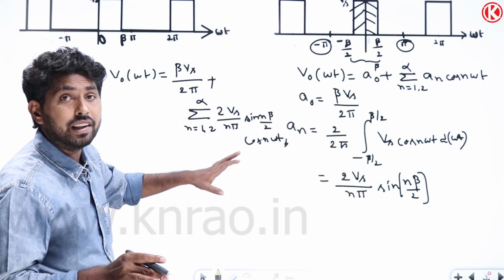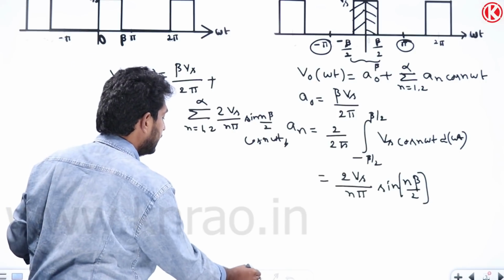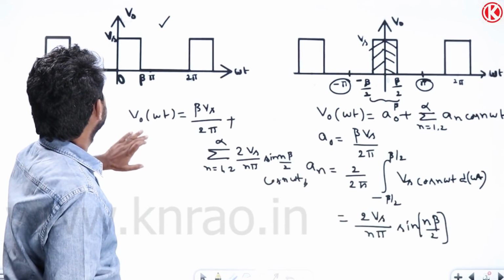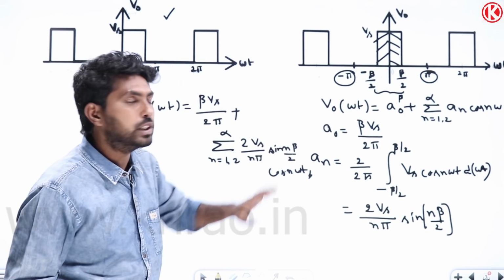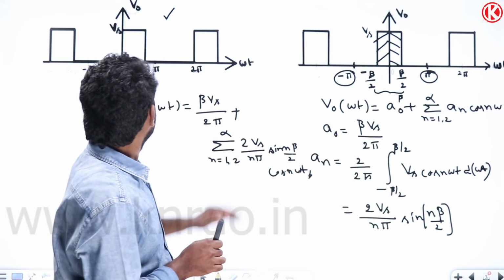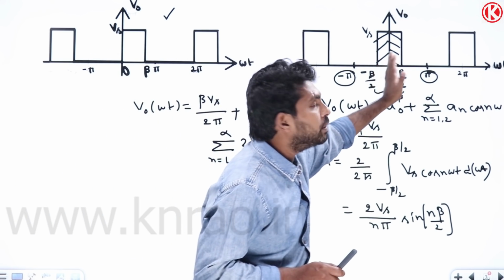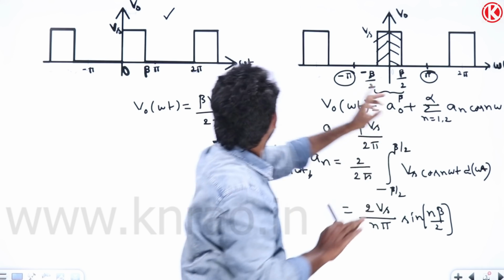But we require the Fourier series for the other waveform. So how can we find this? Observe these two waveforms. What is the difference between them? If I shift this waveform by beta by 2, this waveform will come.